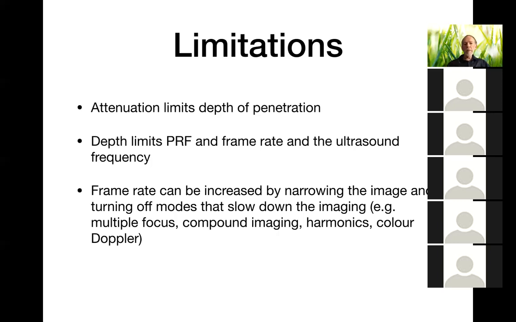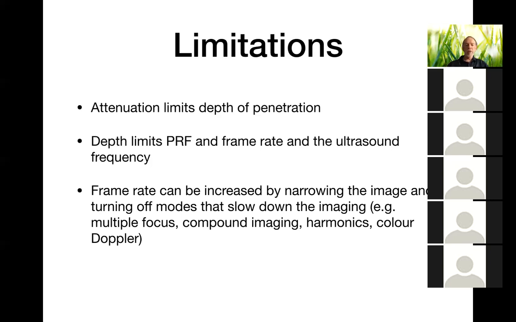There are times, particularly in echocardiography, where you may find the frame rate isn't adequate. And in that case, you need to know what you can do to improve the frame rate, to increase it. There are two things. The first is you can reduce the number of beams that it takes to create the image, and you do this by narrowing the image.